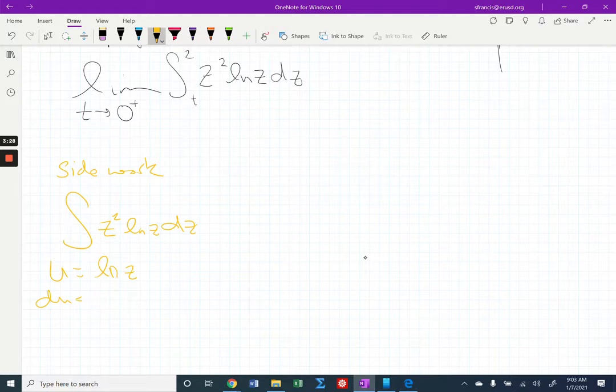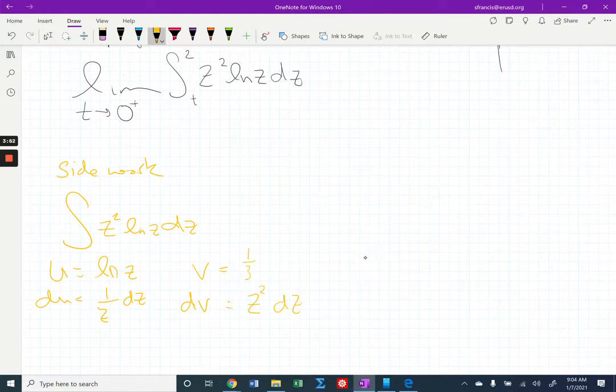Natural log function is what the L stands for, and so we're going to put natural log as our expression for u. Again, that's a suggestion. LIPET is a suggestion in integration by parts. It's not a rule. It doesn't always work out well that way, but it's more than likely to work out well that way. We'll let z squared dz be the dv.